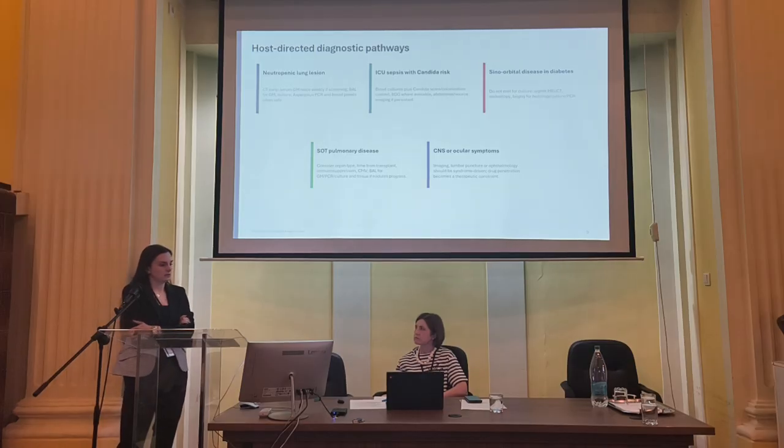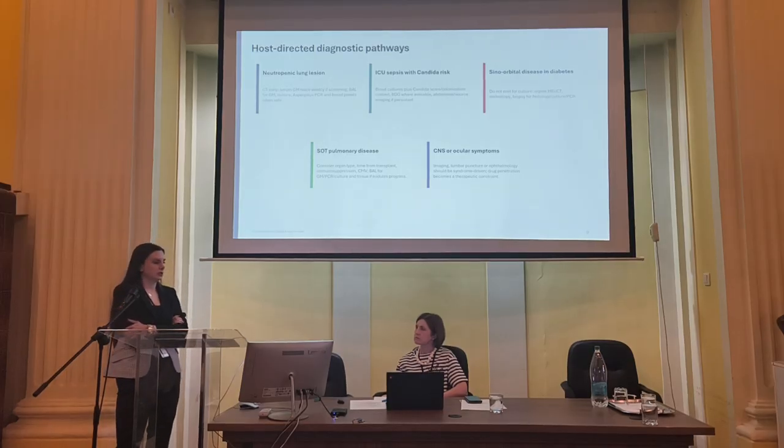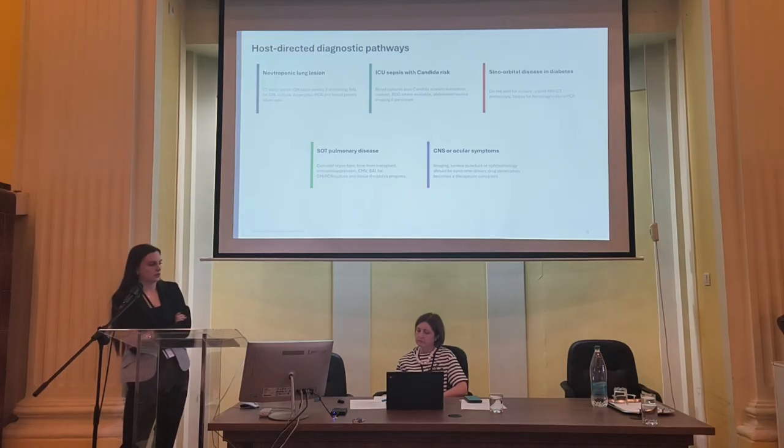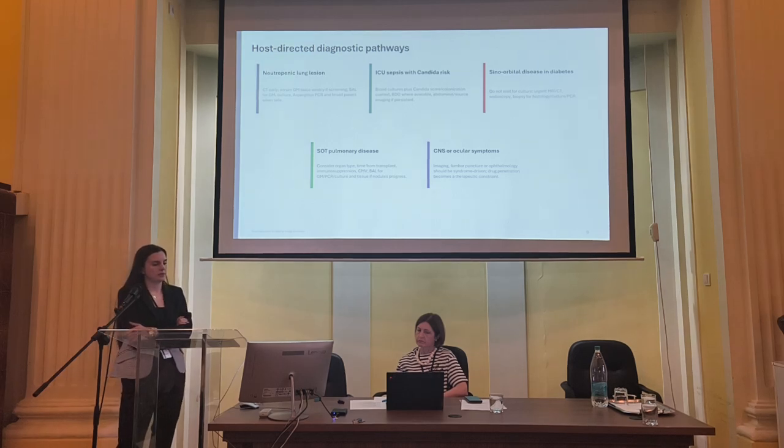So diagnostic pathways need to be host directed. If we have a neutropenic patient with a lung lesion, we need to do an early CT, then make sure that we perform galactomannan in the serum and the BAL. If we have a septic patient in the ICU with high-risk Candida scores, we need to make sure that we take blood cultures and do BDG if it's available in your hospital.